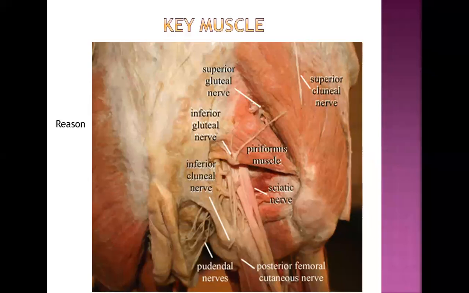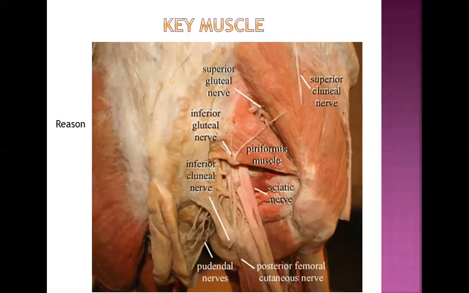For example, the inferior gluteal vessels and nerve emerge into the gluteal region from the inferior border of piriformis, so that's why it is named the inferior gluteal nerve. Whereas the vessels and nerves which emerge from the superior border of piriformis are named the superior gluteal nerve and vessels. So that is why we call the piriformis muscle the key muscle.